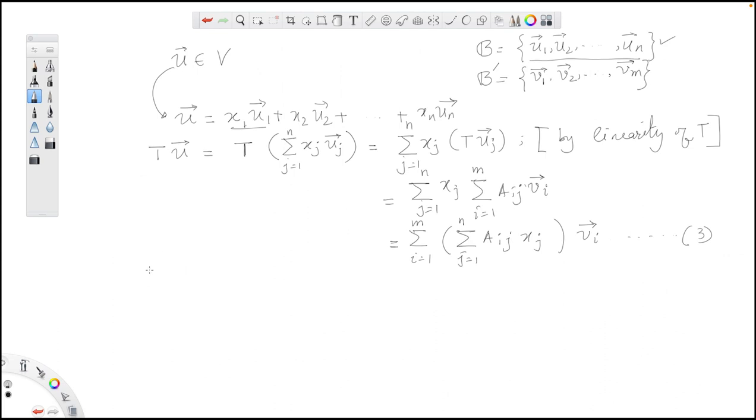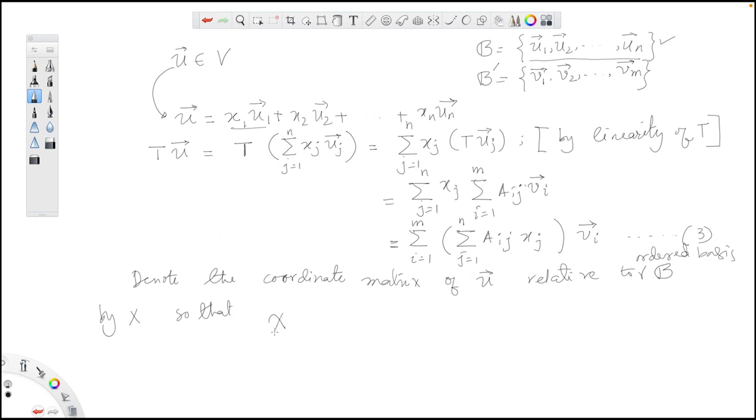So I denote the coordinate matrix of the vector u relative to the ordered basis calligraphic B by x, so that x is equal to this n-tuple, x1, x2, all the way down to xn.